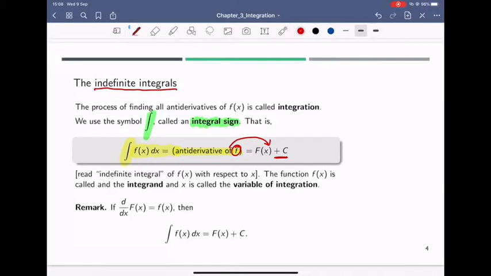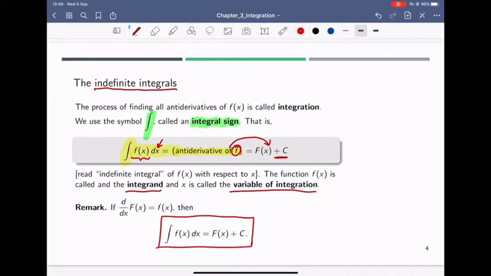The thing that is inside the integral sign here, you're going to call the integrand. And your x here is going to be your variable of integration. Sometimes it's called a dummy variable. So the idea is we're going to define our antiderivative to be a function.